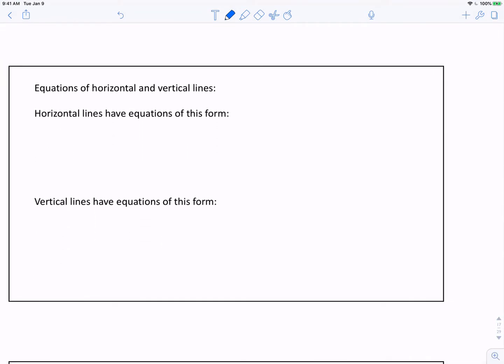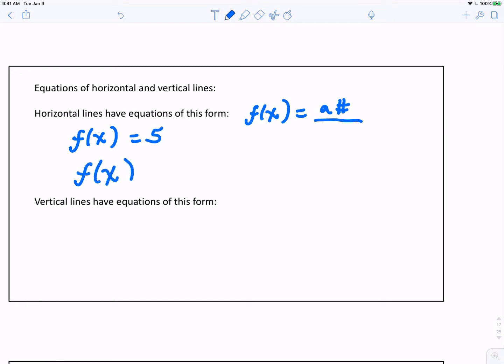So let's talk about the equations of those special lines, the ones that are horizontal and the ones that are vertical. Horizontal lines have equations of this form: f of x is equal to a number. In other words, f of x is equal to 5, or f of x is equal to -2.